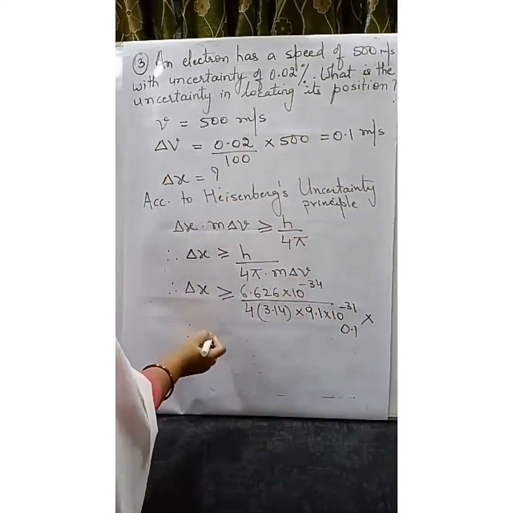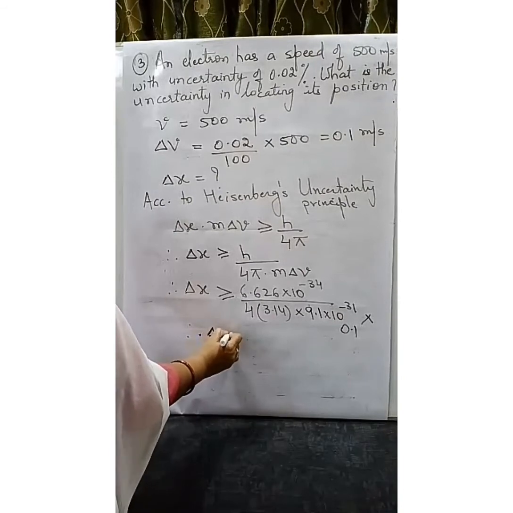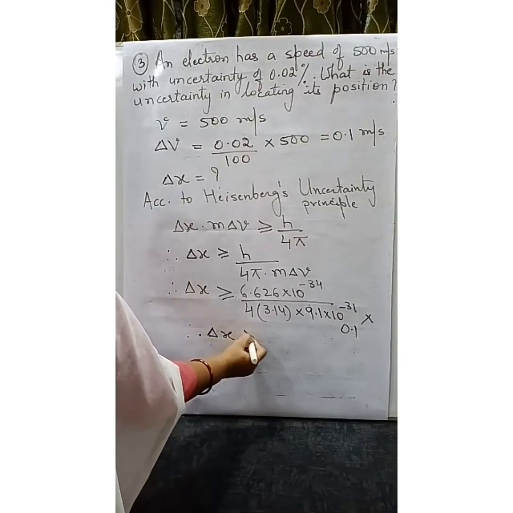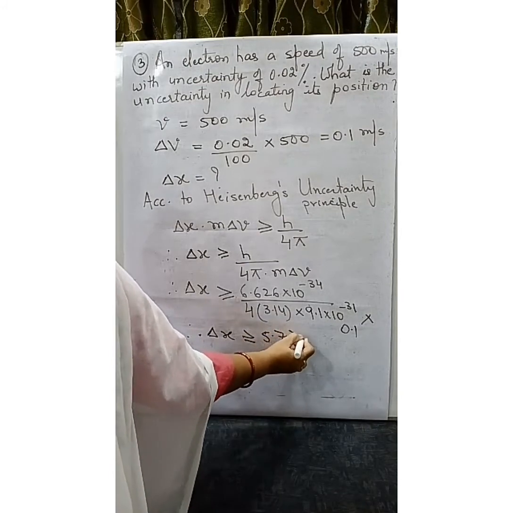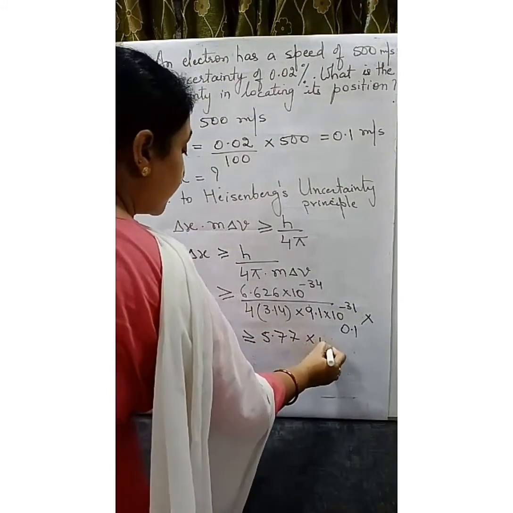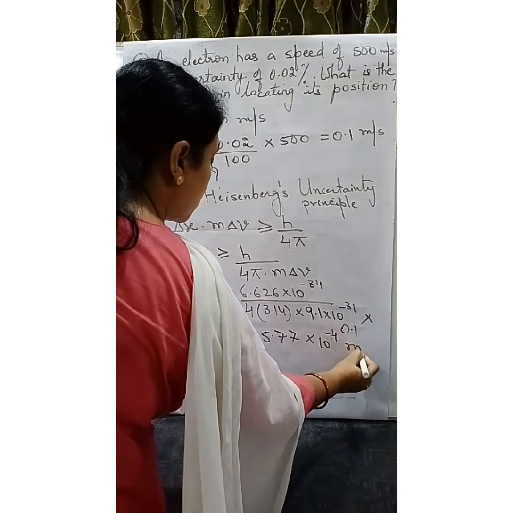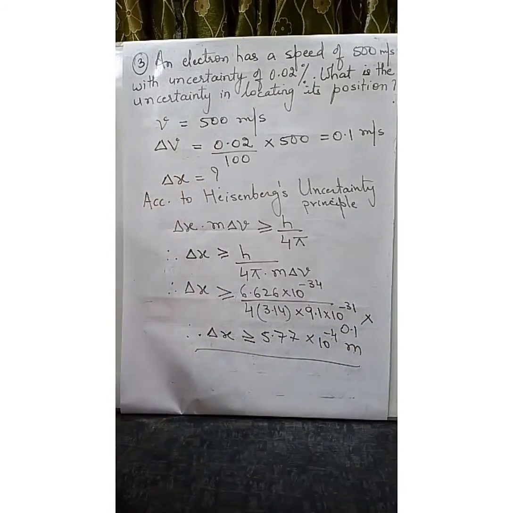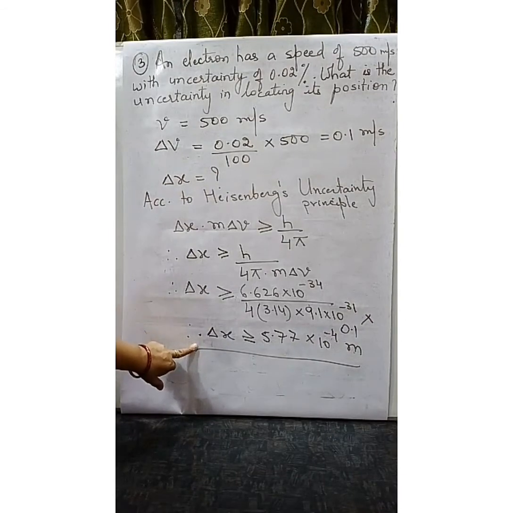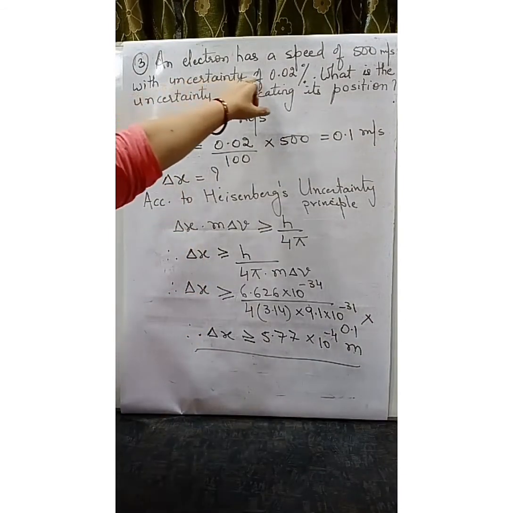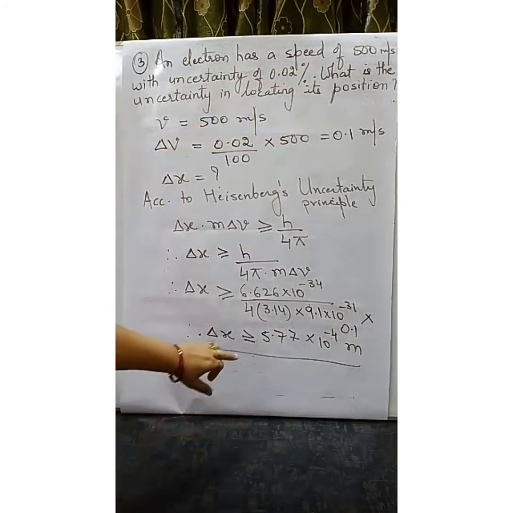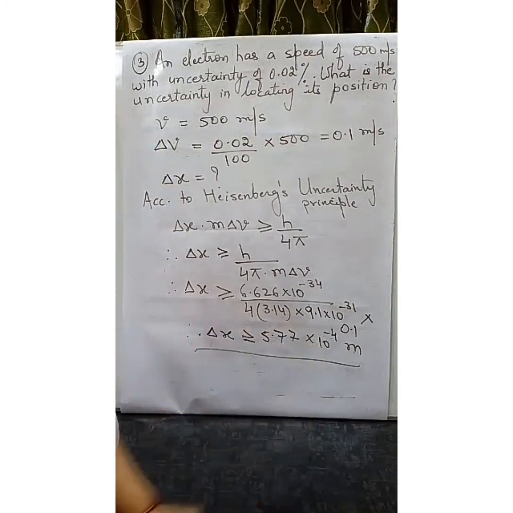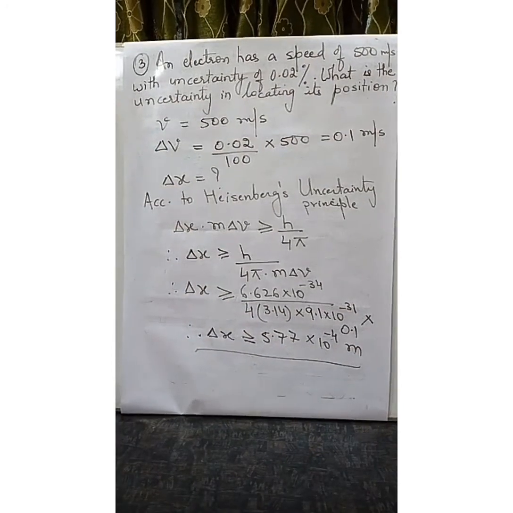When you solve this, you are going to get delta x greater than or equal to 5.77 into 10 to the power minus 4 meters. So we can say that the uncertainty in position of the electron, which is moving with an uncertainty in velocity of 0.02%, is 5.77 into 10 to the power minus 4 meters.